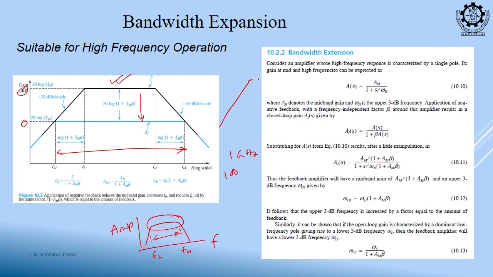I have the same plot, and now I am reducing the open loop gain. Previously my bandwidth was up to this, and now my bandwidth is increased, is it not? So this negative feedback helps in expanding the bandwidth.